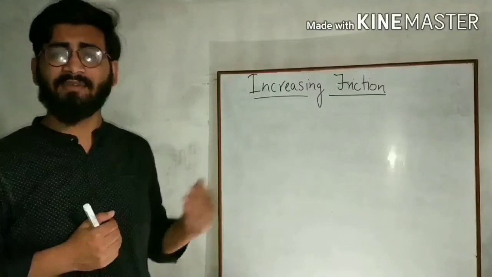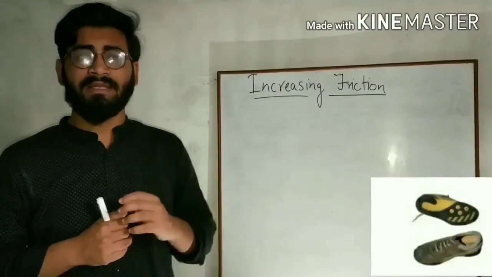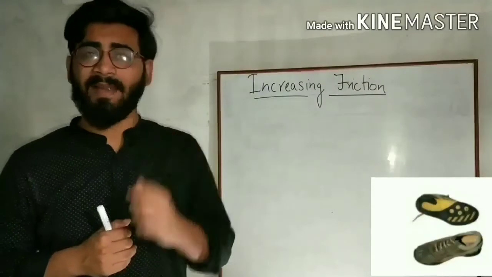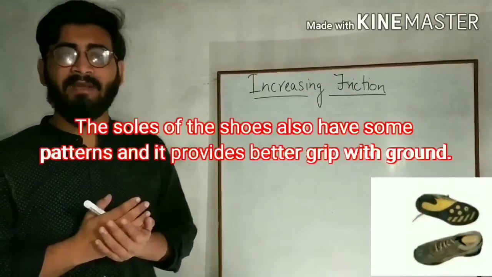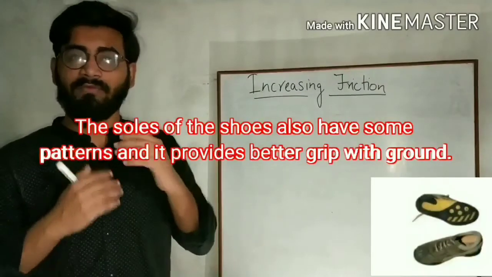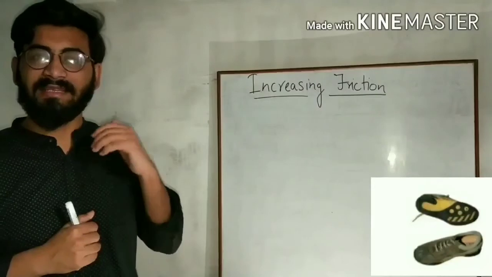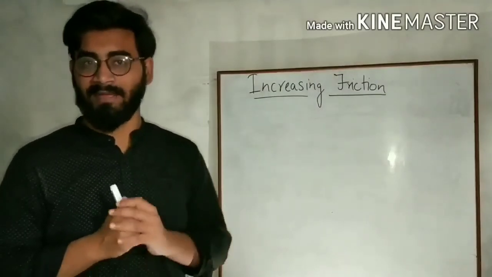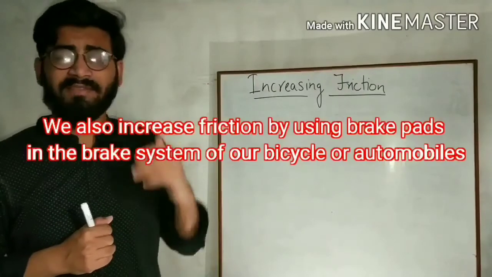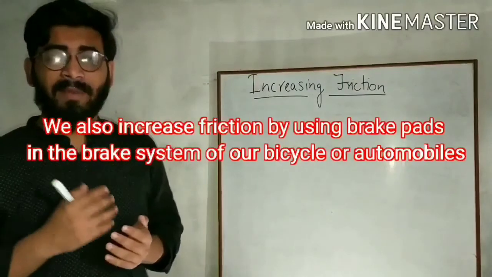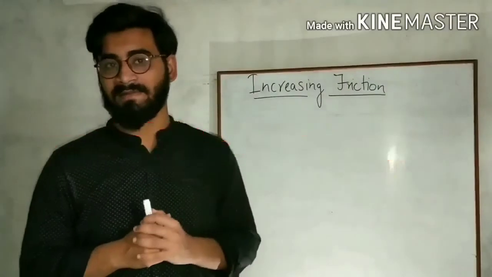Not only in the case of treaded tires, if you look at the soles of the shoes, they also have some patterns. And due to these patterns, they have a better grip with the ground and we move safely. So in this case also, we increase friction as per our requirement. Then we also increase friction by using brake pads in the brake system of our bicycles or automobiles.